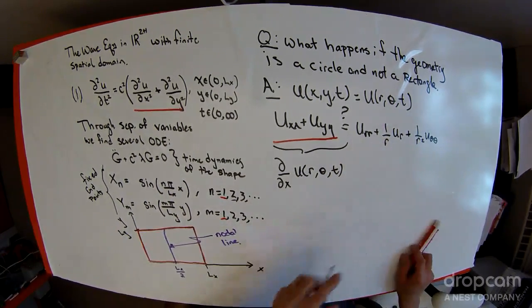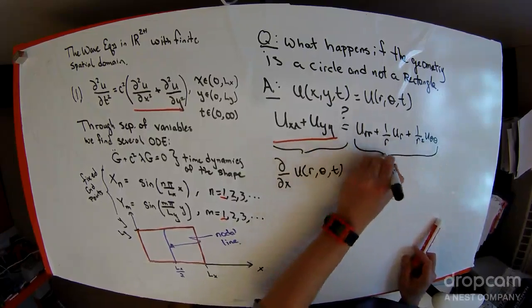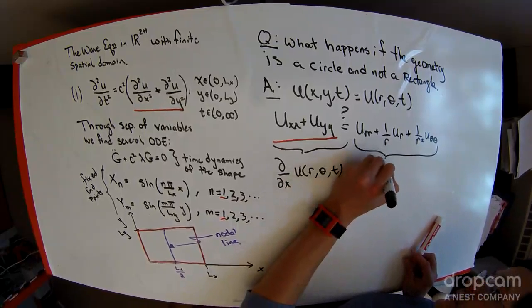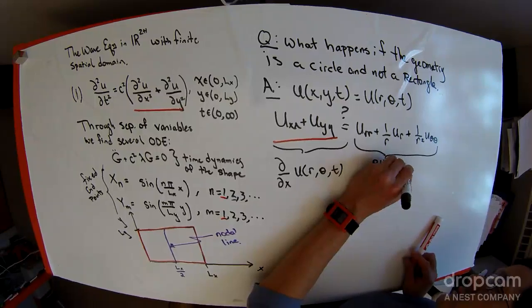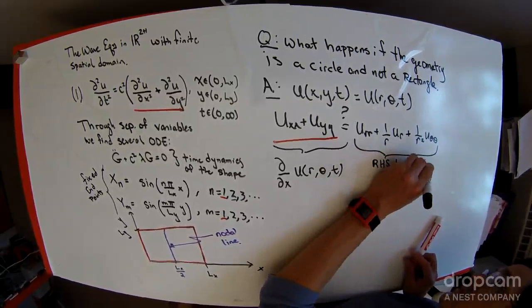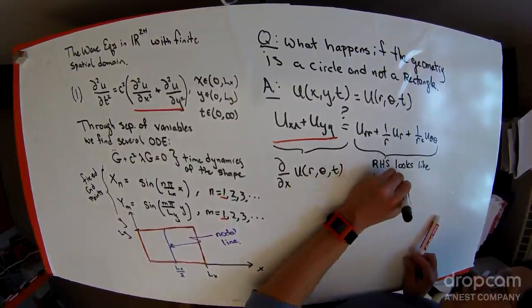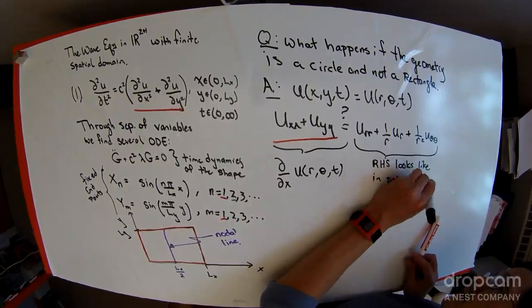My mistake. So this is what the right-hand side looks like in polar coordinates.